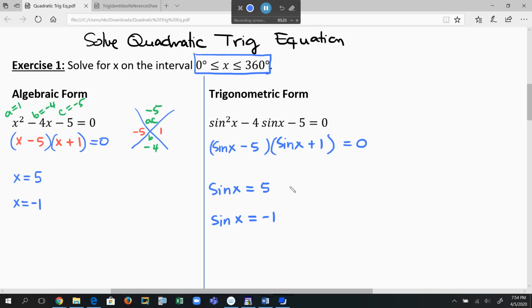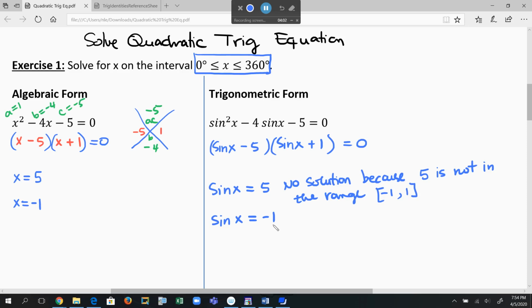Therefore there is no solution for the first one, because 5 is not in the range, which is from negative 1 to 1 for the sine function.